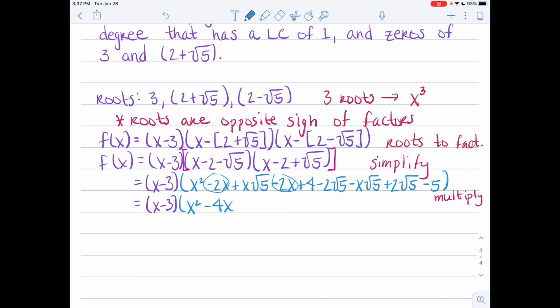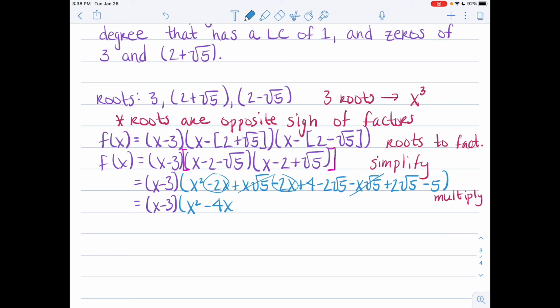The next thing I come to is an x times the square root of 5. So I want to look for other square root of 5s that have an x on them. And I notice another one, but it's just the exact opposite here. It's a negative x square root of 5, so those are actually going to cancel.